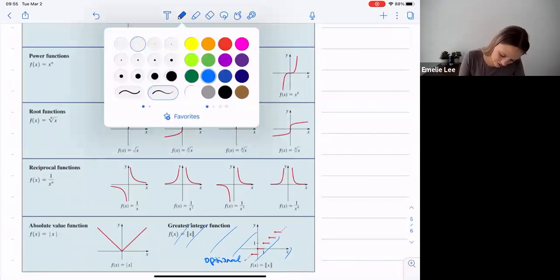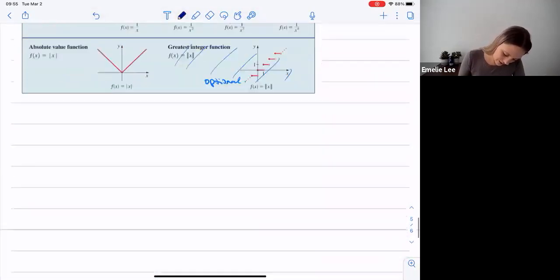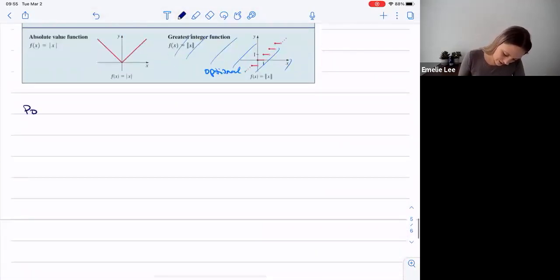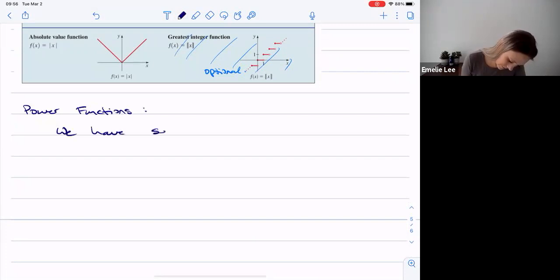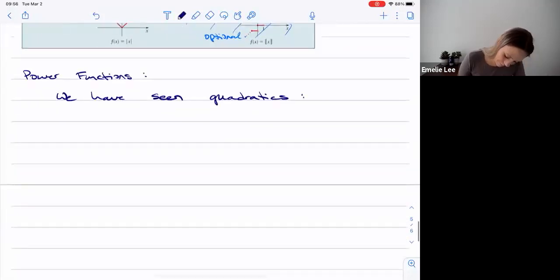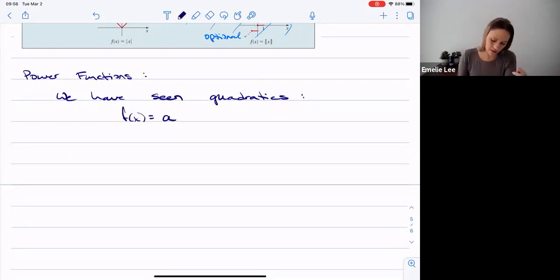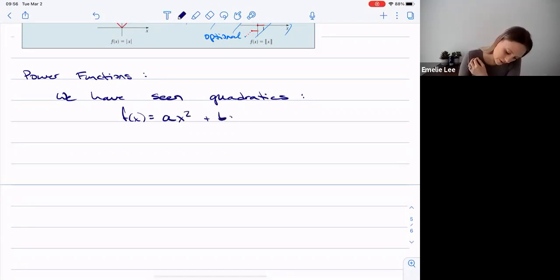So let's talk about power functions. We've seen quadratics, which have the form f of x equals ax squared plus bx plus c.